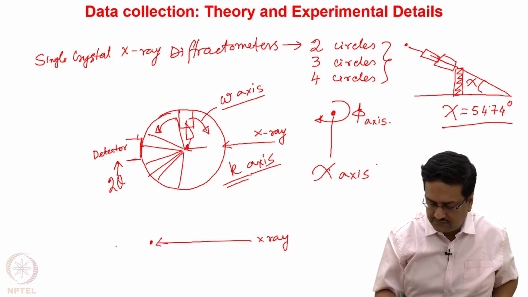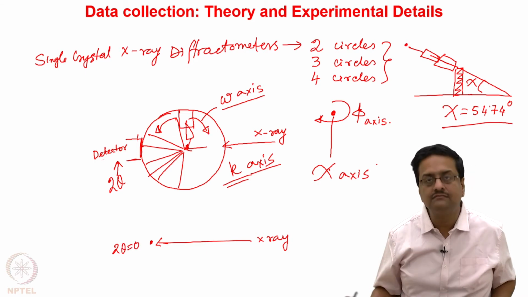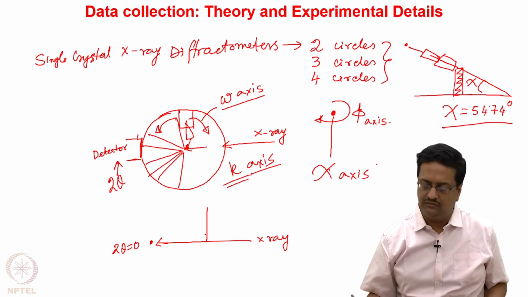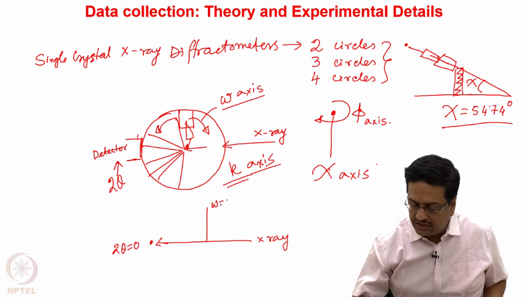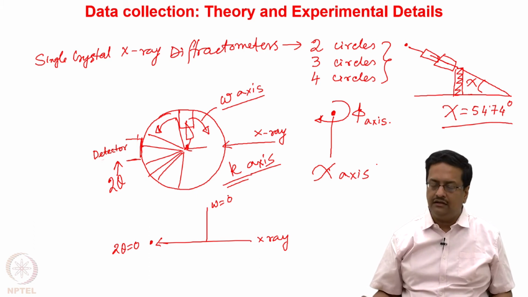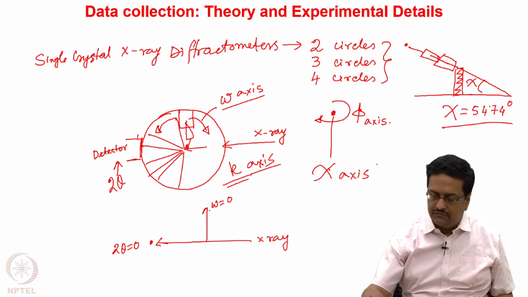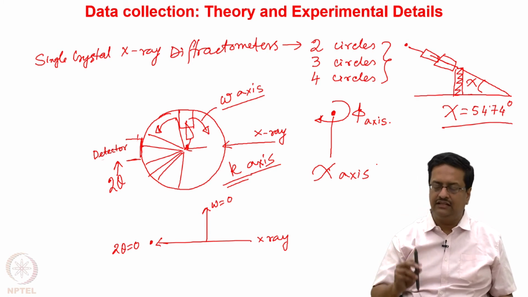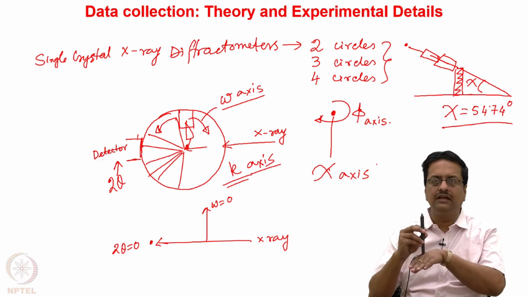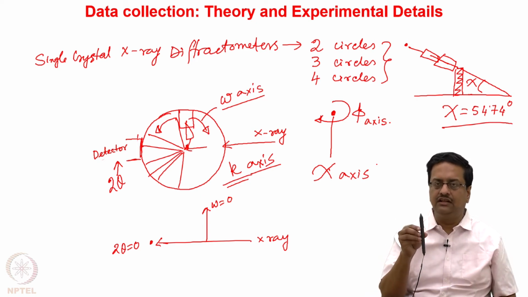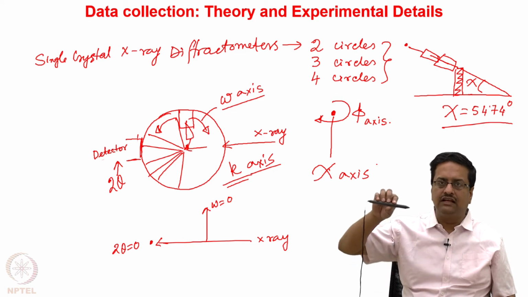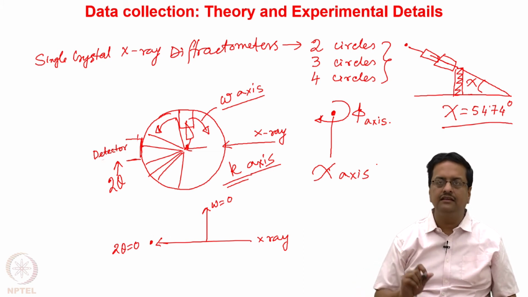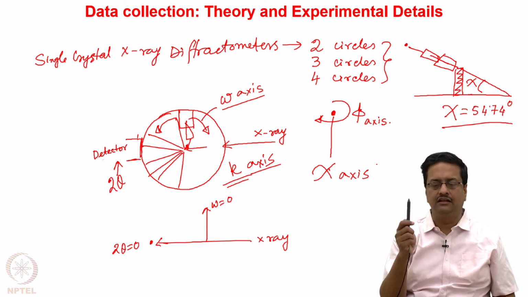With respect to the direct beam, this position is 2 theta equal to 0. A perpendicular position with respect to the direct beam is omega equal to 0, and kappa 0 is this one, exactly vertical from the goniometer base. Kappa can then be rotated to plus 90, to the other side minus 90, and phi is rotated by 360 degree.